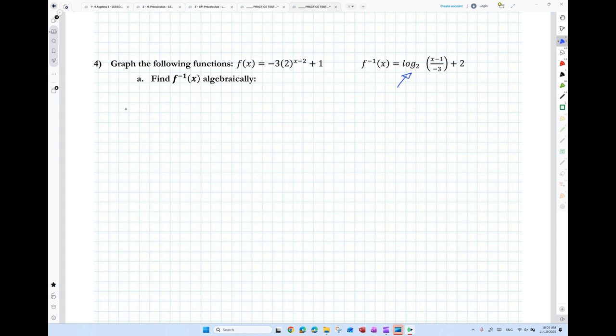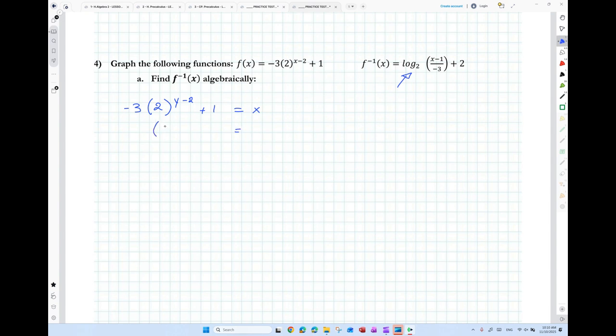So I'm going to have y equals negative 3 times log base 2 of x minus 2, plus 1, but I'm going to replace the x by y. And then I'm going to cross over all operations on the other side.